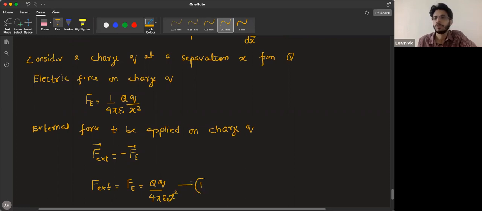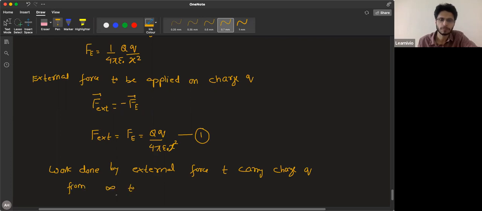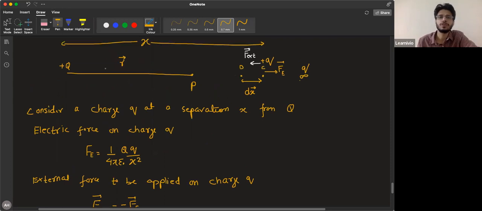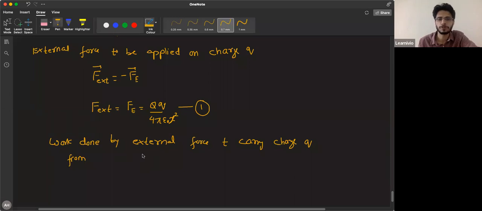That's my first equation. Now I need the work done by the external force to carry charge q from, not infinity, sorry, from C to D. First, we will calculate work done from C to D. So work done will be dW.